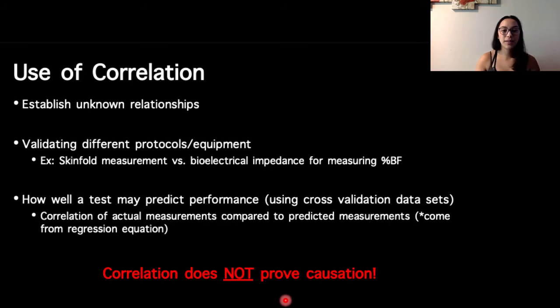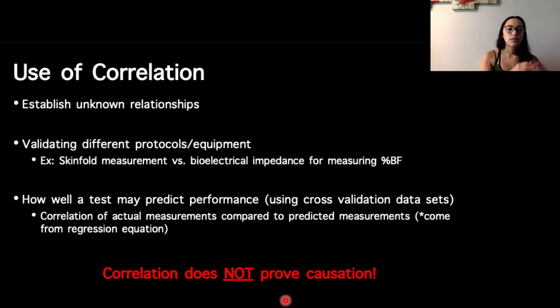I do want to point out, though, that correlation does not prove causation. And this is a comment that I've made on some of your activities or exams when we were looking into our hypothesis testing and creating null hypotheses. And I told you guys, make sure you take note if we're looking at an effect versus a relationship, because relationships are just saying how likely are we going to get an outcome for one variable based on its relationship with another variable.